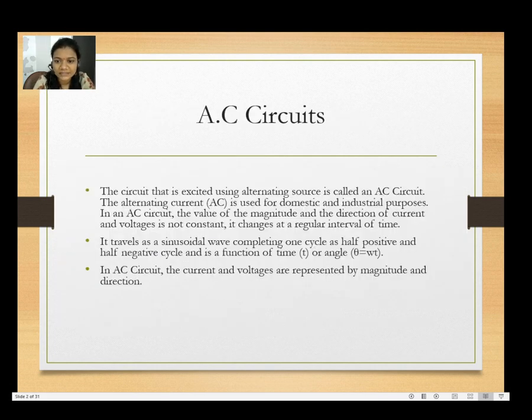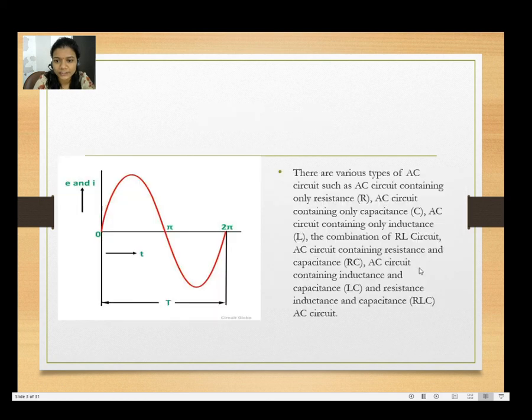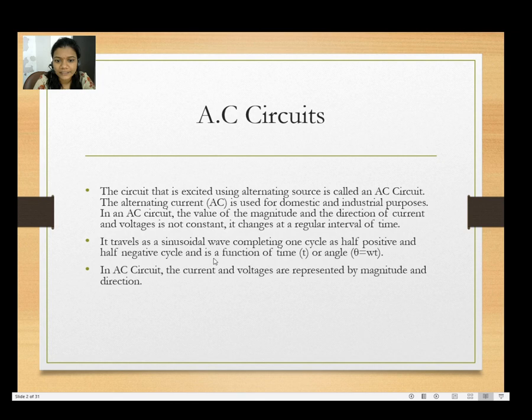It changes at an interval of time. So depending on time, the value of current and voltage is changing in an AC signal. It travels as a sinusoidal wave to complete one cycle.